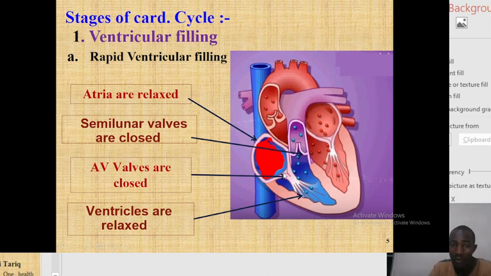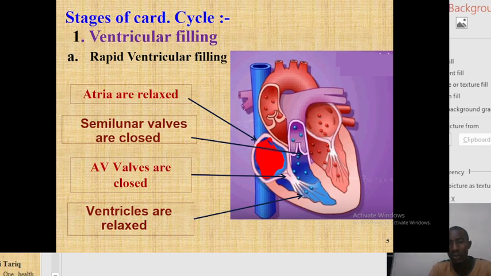We have the AV valve, then we have the semilunar valves. For the start, the AV valve will open because now the ventricles require blood to enter. Then the semilunar valves would have closed because of the pressure difference between the ventricle and the corresponding blood vessel.